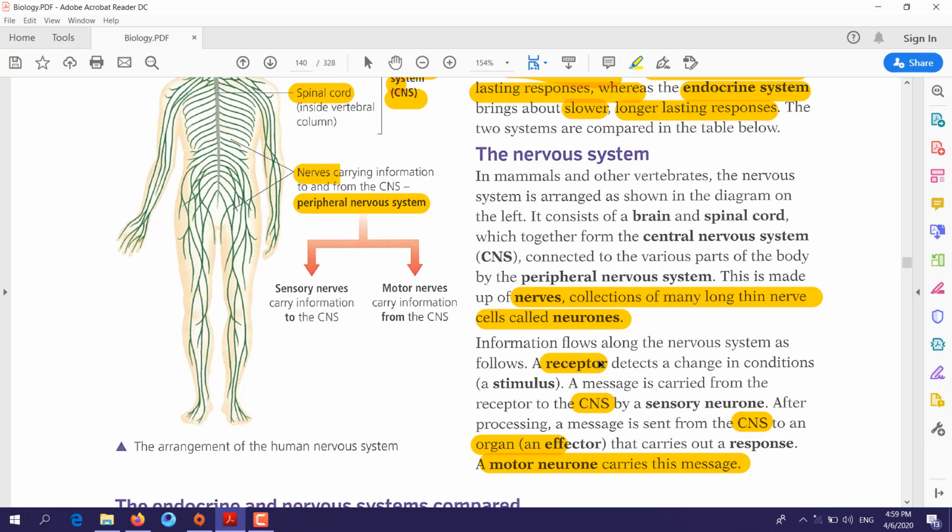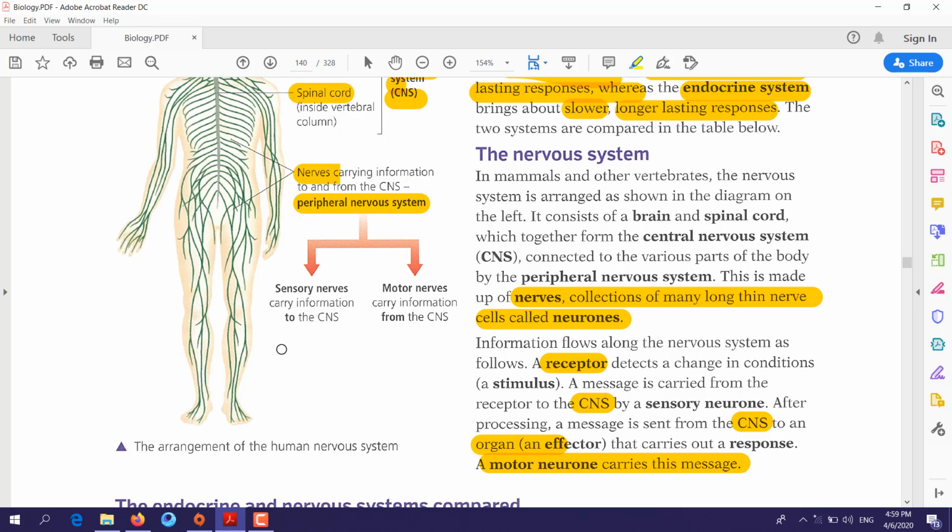Again, what do you have here? You have a sensory neuron and a motor neuron. What is the difference between them? A sensory neuron carries a message to the CNS.